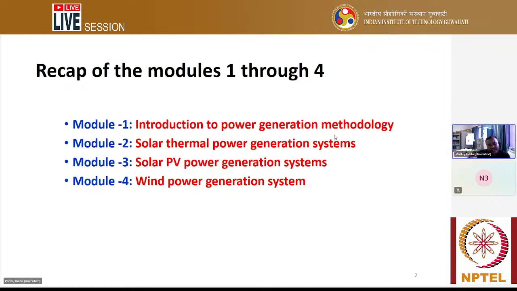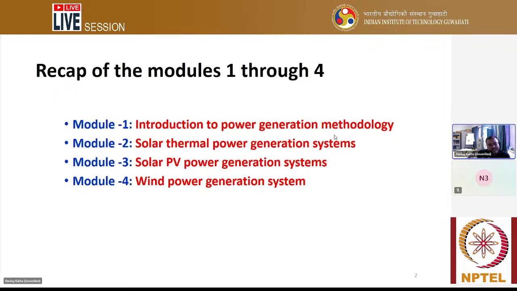Then what are the different wind machines available for energy harvesting, what is a drag type wind machine, what is a lift type wind machine, and then what are the performance parameters of wind machines.